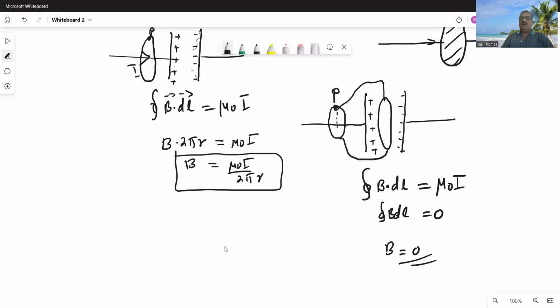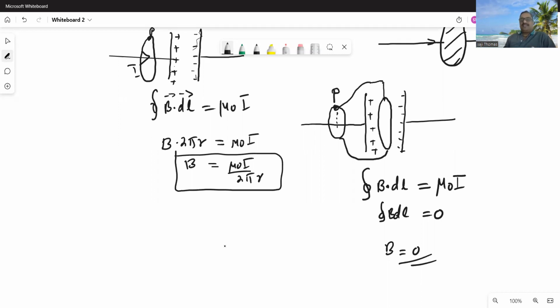So at point P, we calculate the magnetic field using different loops, or different surfaces, but we are not getting the same value. That means there is a contradiction in Ampere's circuital law.